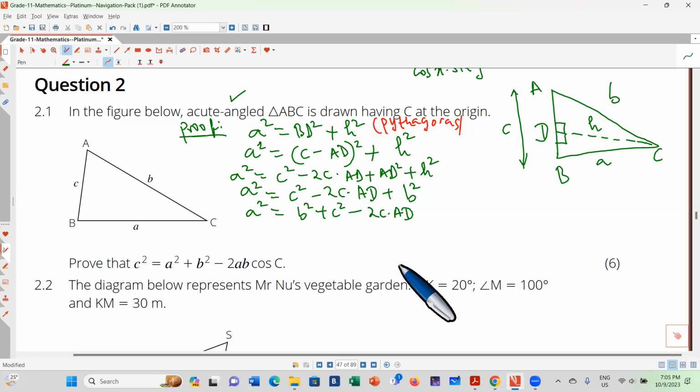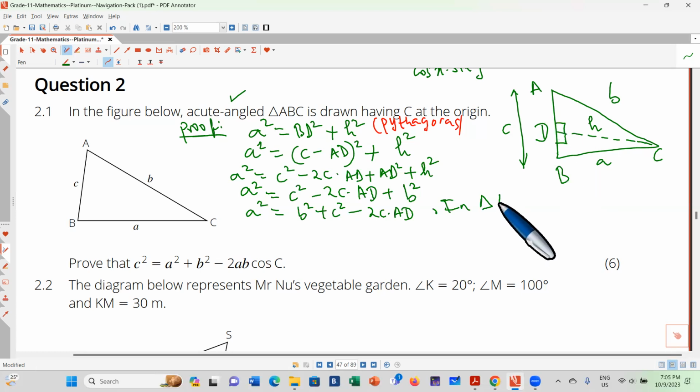Okay, we get this here. It remains to just work right now in triangle. We need to get this AD now. What is AD? This one here.